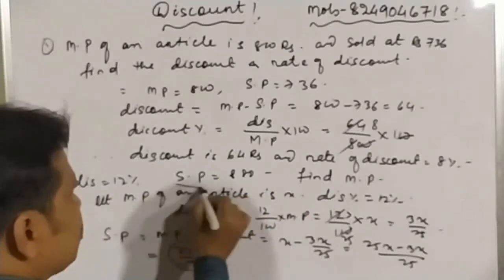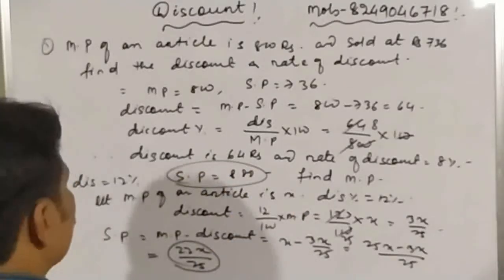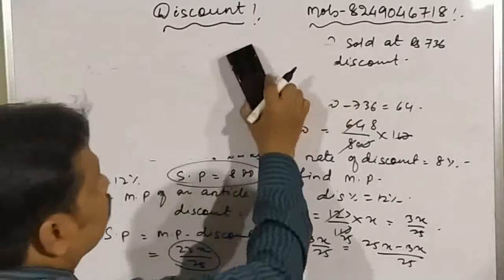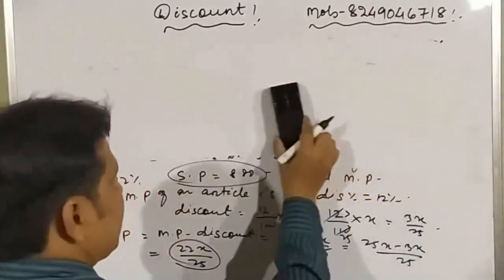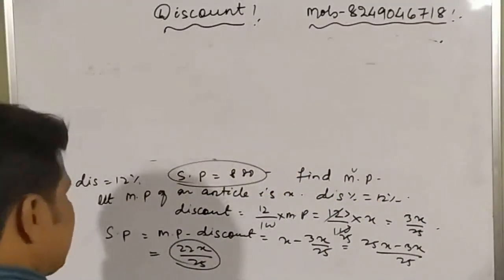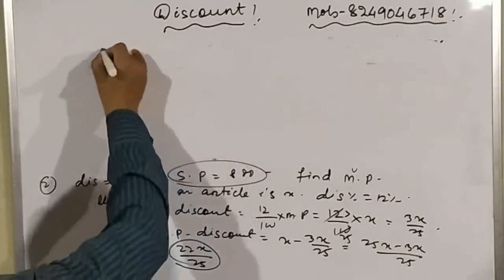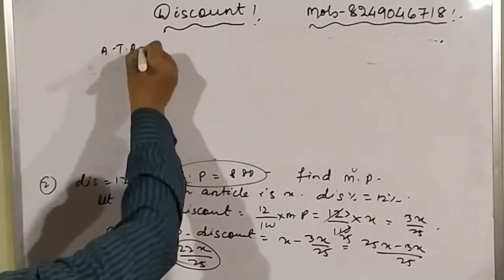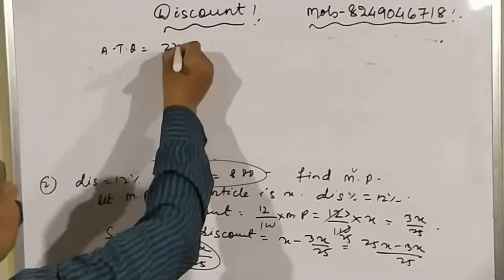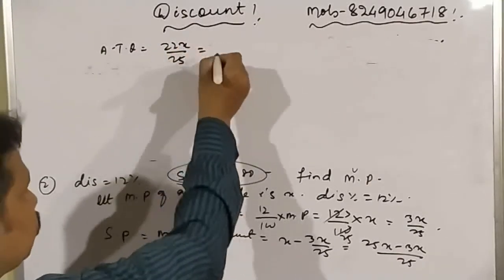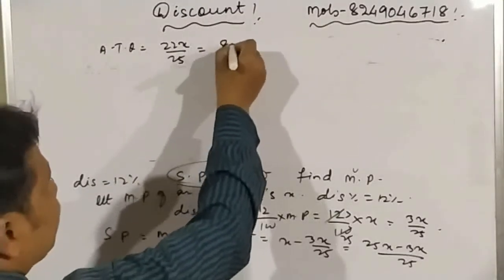And the selling price is given here. So we can find out x by equating the given selling price with the selling price that we have got. So according to the question, we can write that 22x by 25 equals 880.